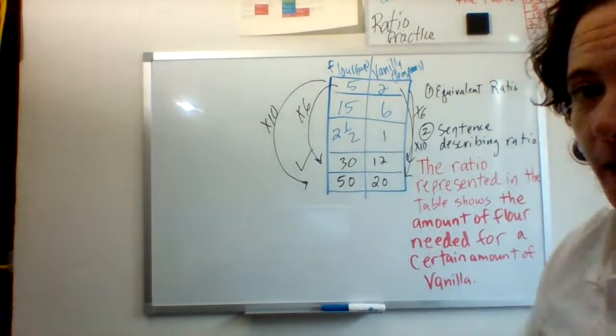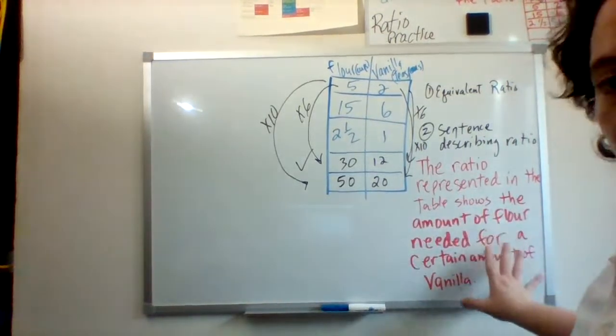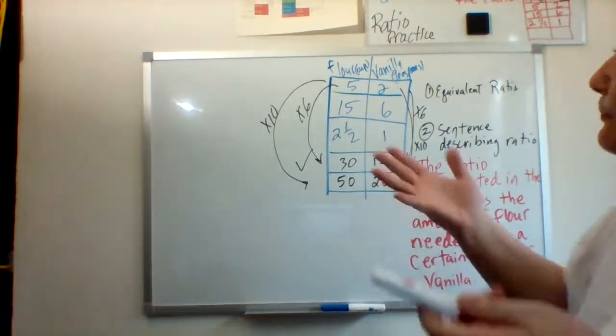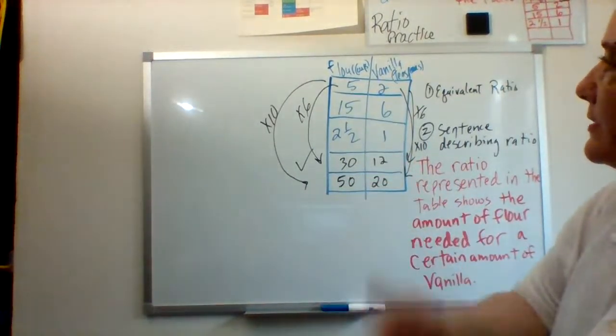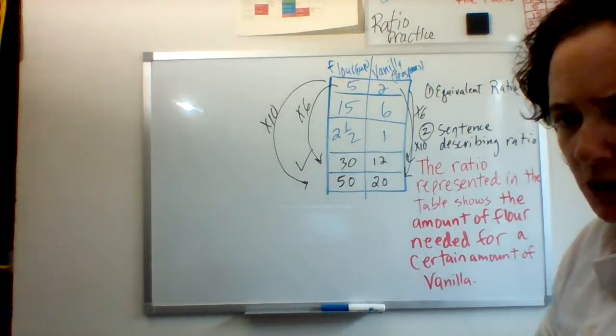And if this was a DOE question, I would expect you to continue. Okay? This is enough right now to tell me what that ratio is. The ratio is comparing the quantities flour to vanilla. Flour in cups and vanilla in teaspoons.